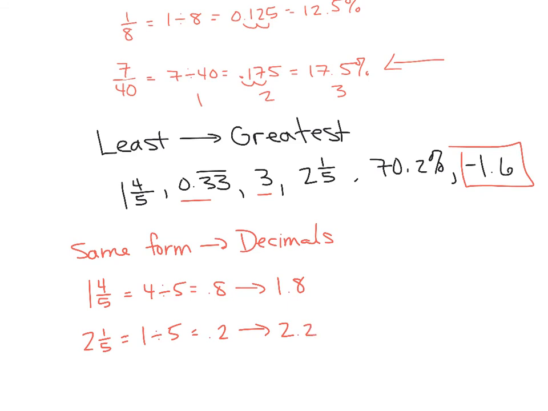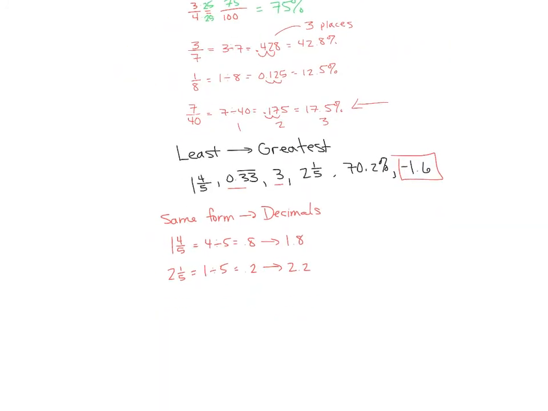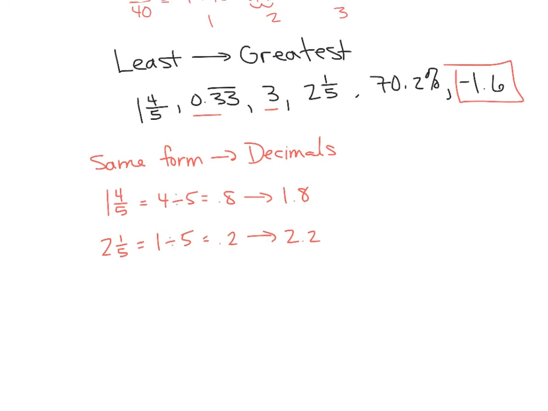And then 70.2% is not in a decimal yet. So apparently they're teaching you something they didn't teach you before. 70.2% as a decimal is 0.702.